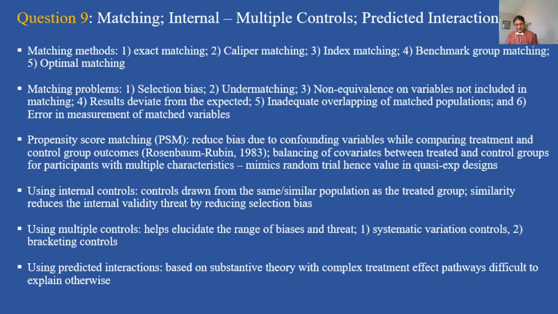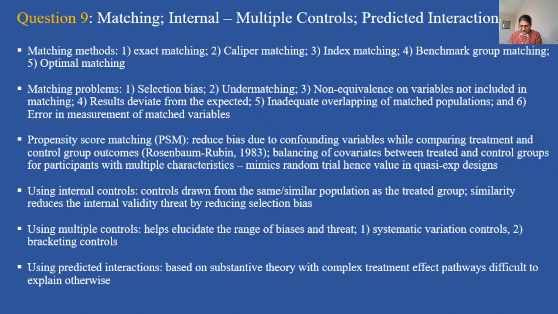With such covariate balancing, it becomes easier to match participants with multiple characteristics. Typically any participant or unit will have multiple characteristics, but with propensity score matching, where covariates are balanced, multiple characteristics can be matched. This is typically mimicking a randomized trial, and that's why PSM is considered to be very useful in a quasi-experimental design.